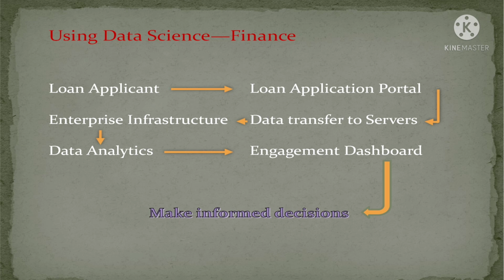In the enterprise infrastructure, the data analysts analyze the data and give the proper information, which is displayed in the form of a dashboard, with charts and graphs, credit scores, and the amounts to be sanctioned by the authority, so that the manager can take the decision whether to sanction the amount, yes or no.